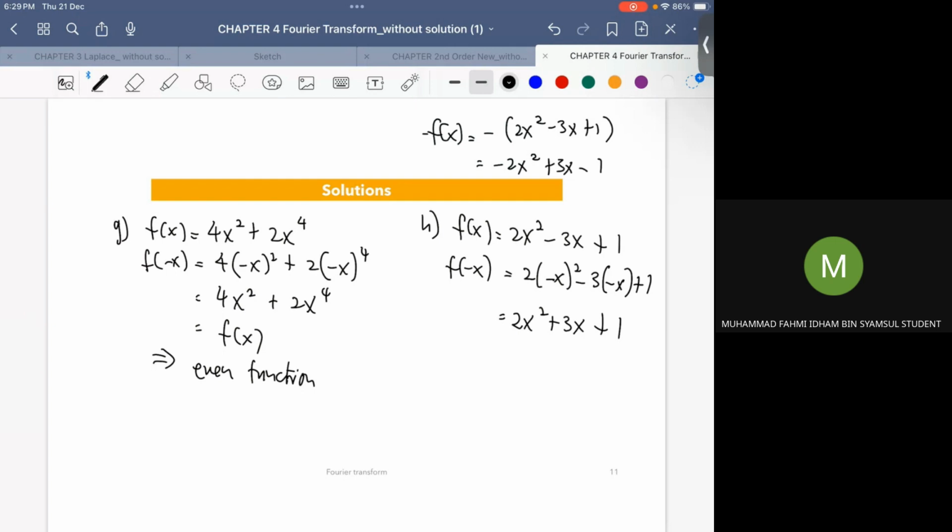So this is not equal to f(x) and also not equal to negative f(x). Hence our conclusion, this is neither function.